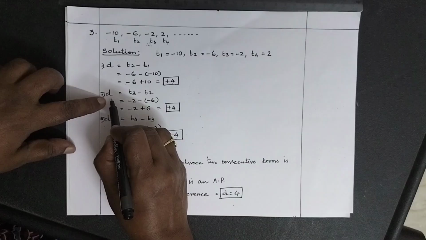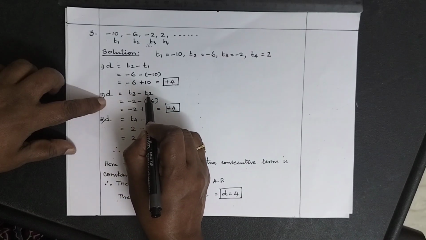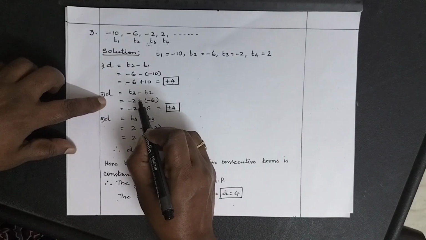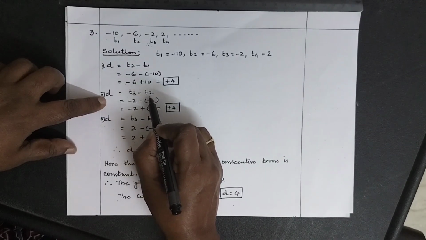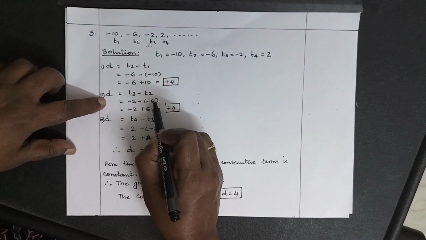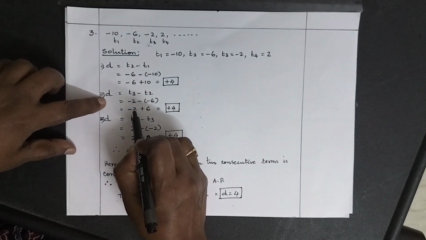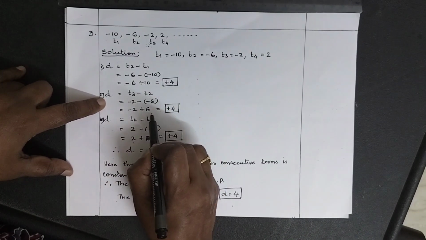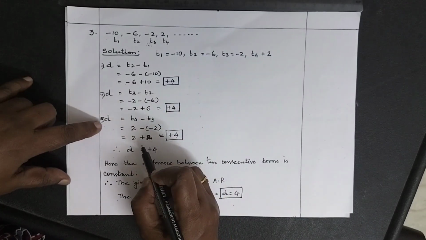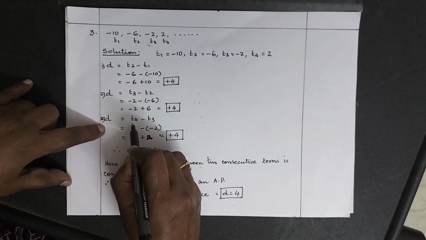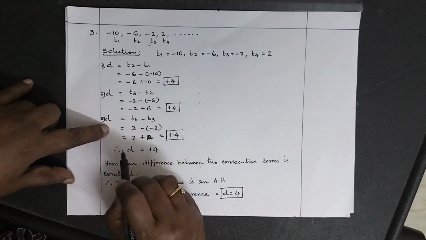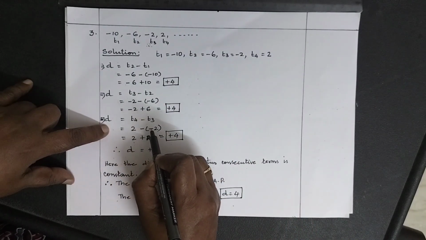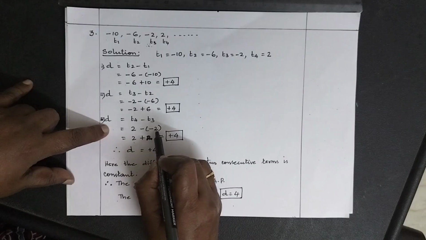Similarly again, D is equal to T3 minus T2. T3 is minus 2, and T2 is minus 6 in the bracket. Minus of minus is plus. Minus 2 plus 6 is equal to plus 4. Again D is equal to T4 minus T3. T4 is 2, and T3 is minus 2.